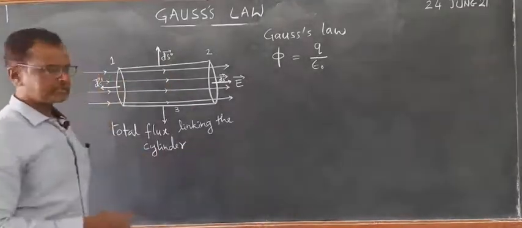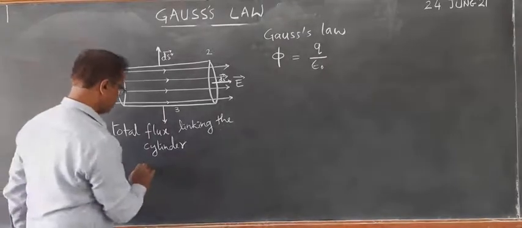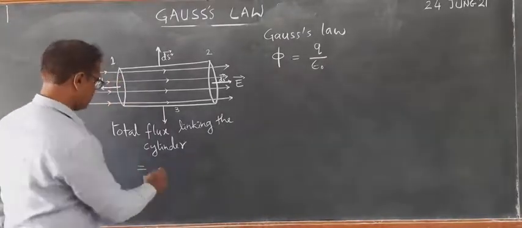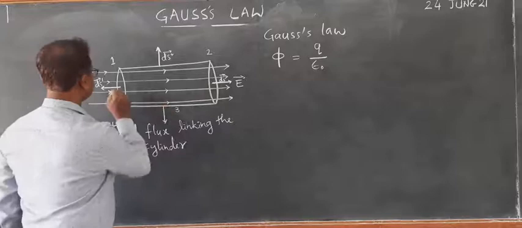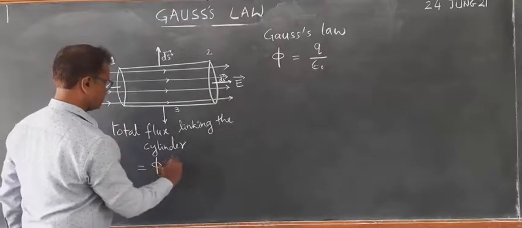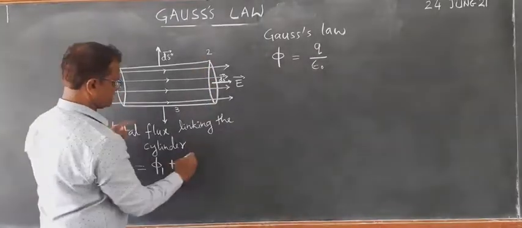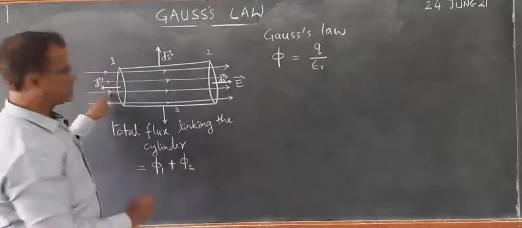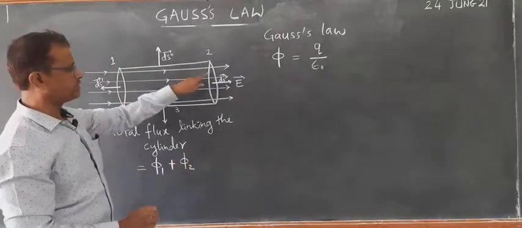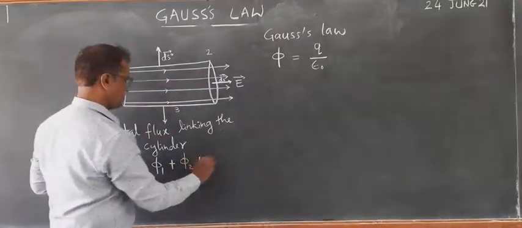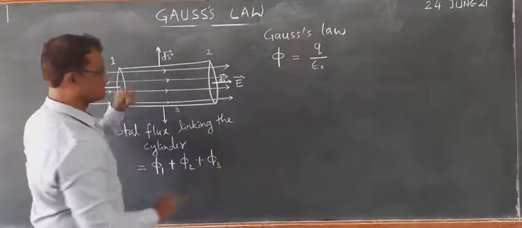Total flux enclosed by the cylinder is equal to phi 1 linking with the first surface, plus phi 2 linking with the second surface, and phi 3 linking with the third surface.